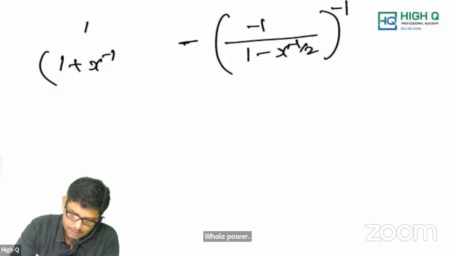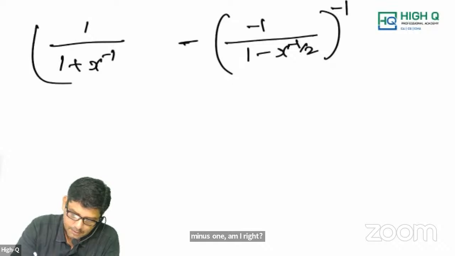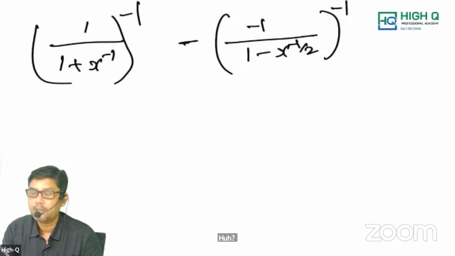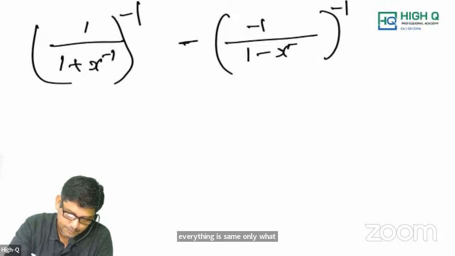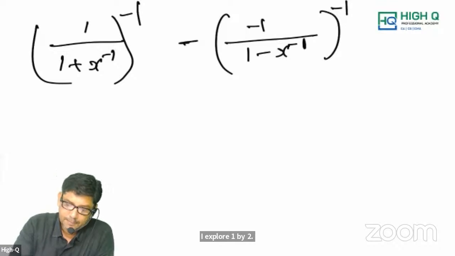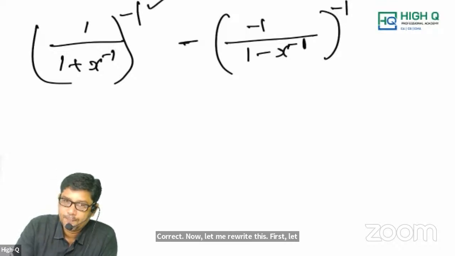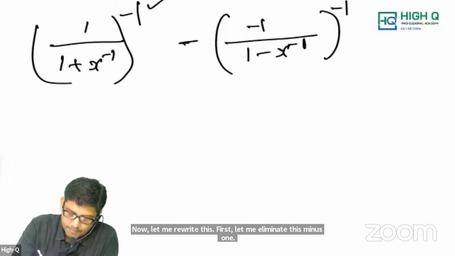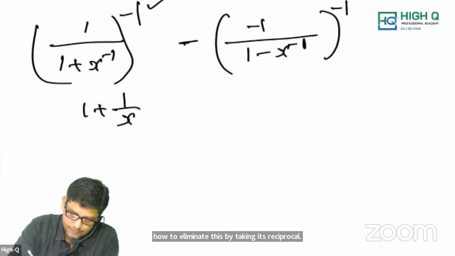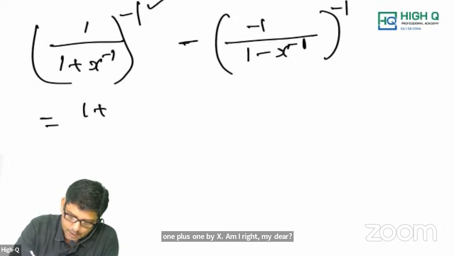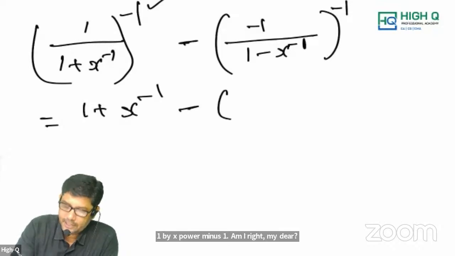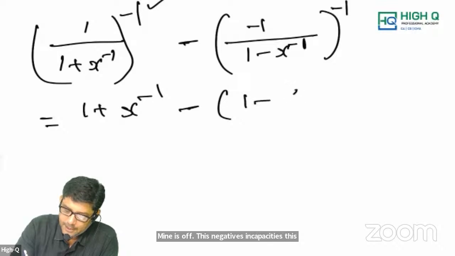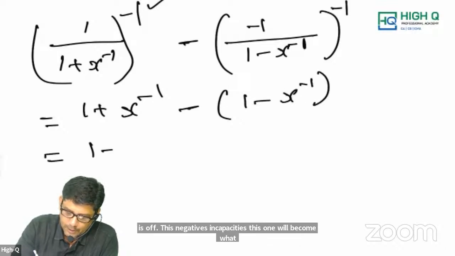Everything is same only. X power 1 by 2. Correct? Now, let me rewrite this. First, let me eliminate this minus 1. How to eliminate this? By taking its reciprocal: 1 plus 1 by x. Or no, let me do it step by step. 1 by x power minus 1. Minus of, this negative sign keep as it is. This one will become 1 minus x power minus 1. Now 1 plus, what is x power minus 1?